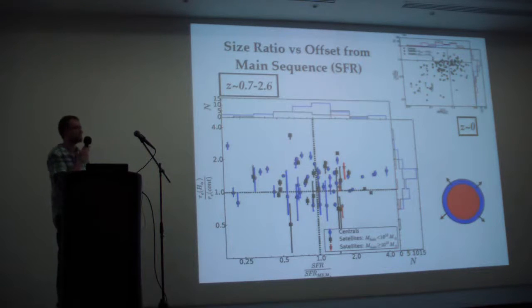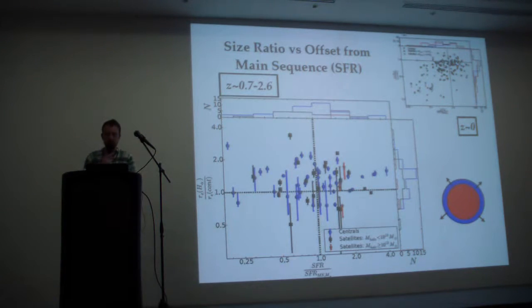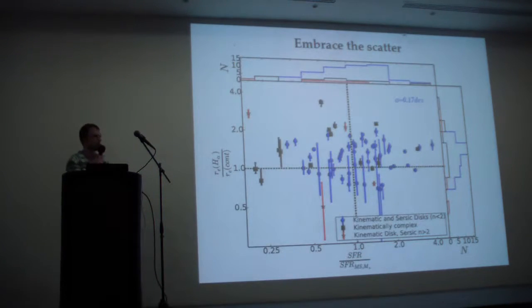Maybe at high redshift these things are still more extended in their star forming disks, and you just change the normalization of the star formation rate in those galaxies. So something else is going on. Stripping is probably more difficult, and we can embrace the scatter.